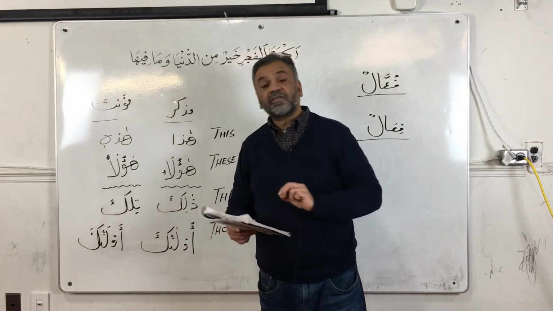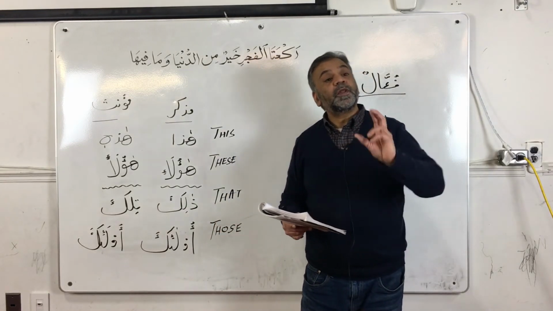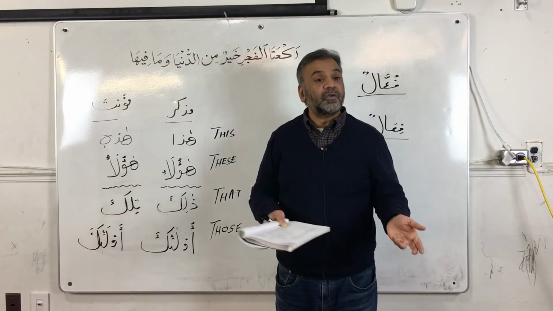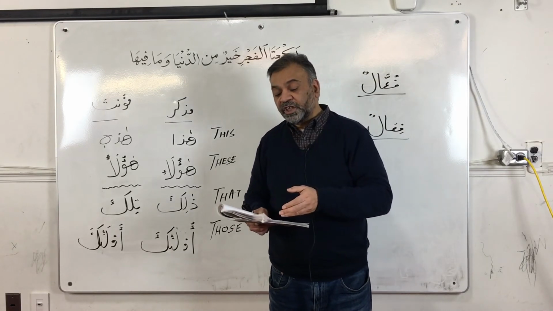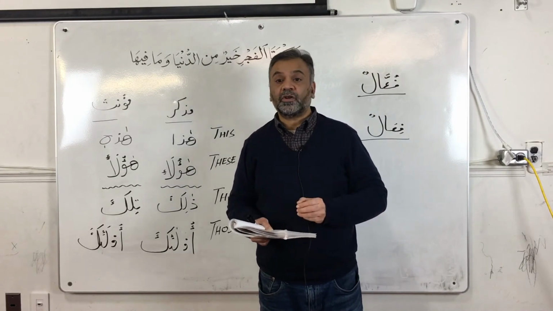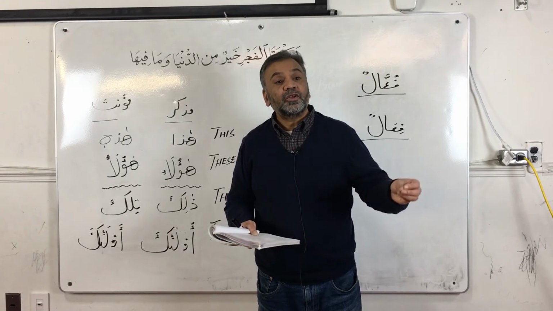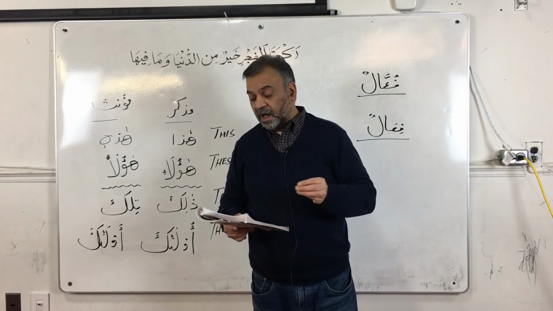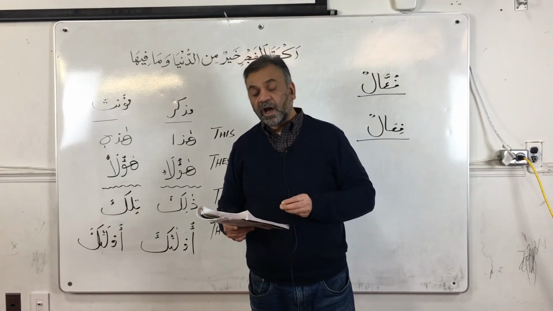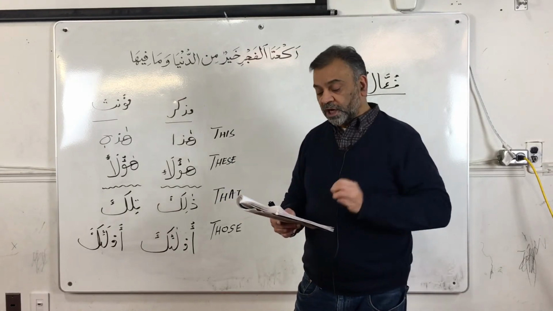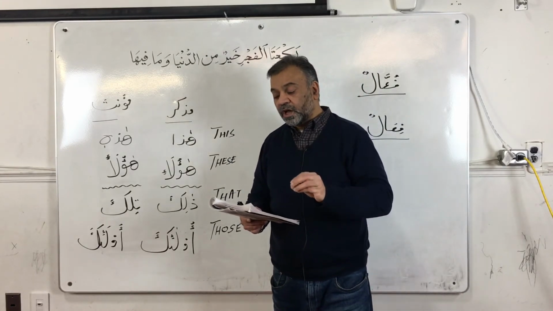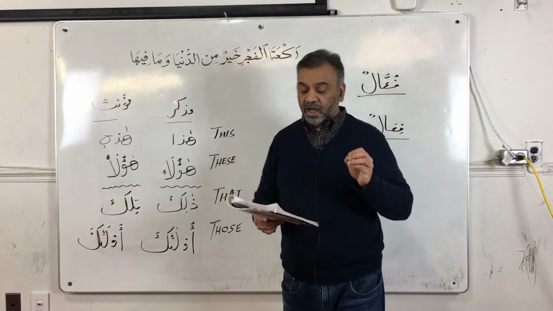This is a student, these are students. Next one, haza tajirun. What will be the plural? Haza will change into haulai and tajirun will change into tujjarun. So we say haulai tujjarun. Haza hajjun, haulai hujjajun. Haza rajulun, haulai rijalun.